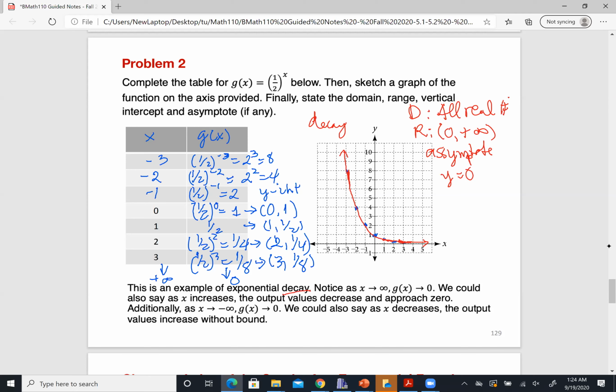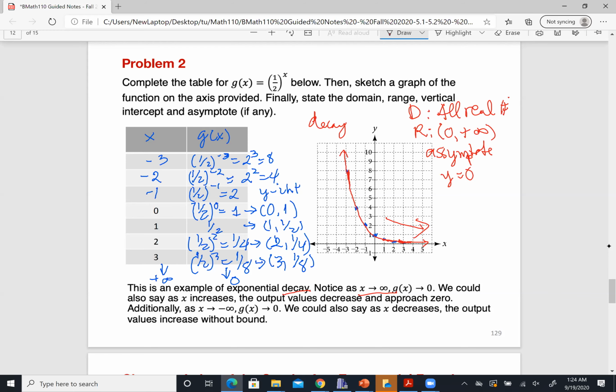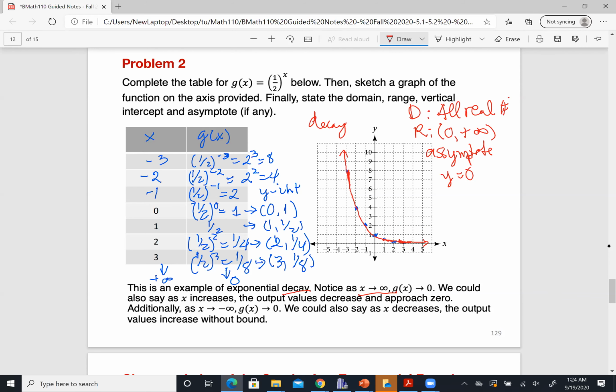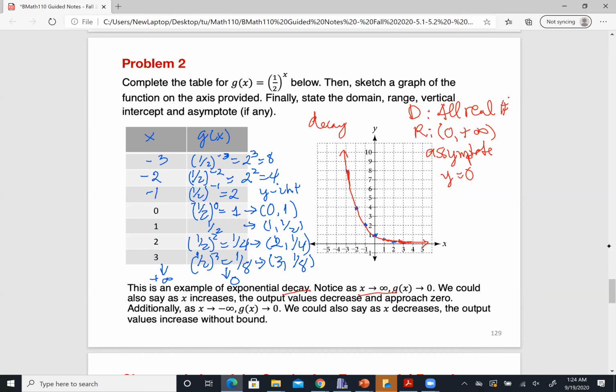Notice that as x goes to infinity, g(x) goes to 0, right? So we could also say that as x increases, the output value decreases, approaching 0. Additionally, as x goes to negative infinity, then what?